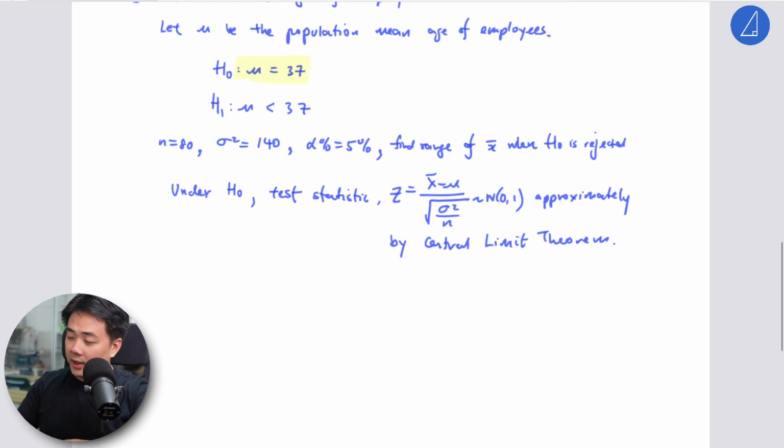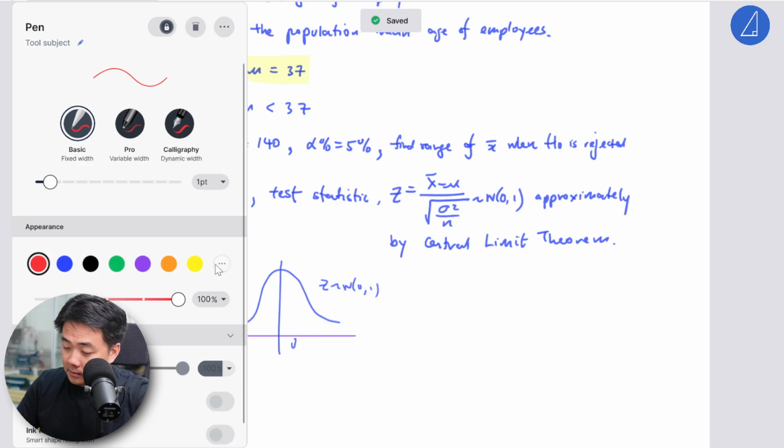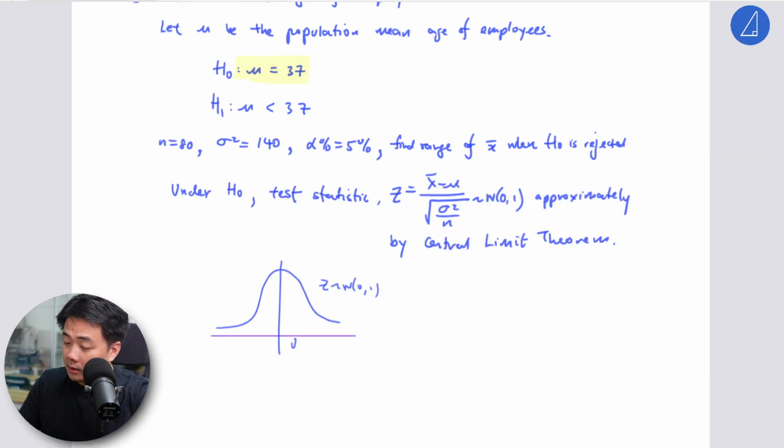So I think finding the range of x bar is not an issue. Just draw the standardized curve. Then you need this here. The tolerance level is 5%, so you just draw 5% here. Okay, 5%. So you have a z crit here, z critical.